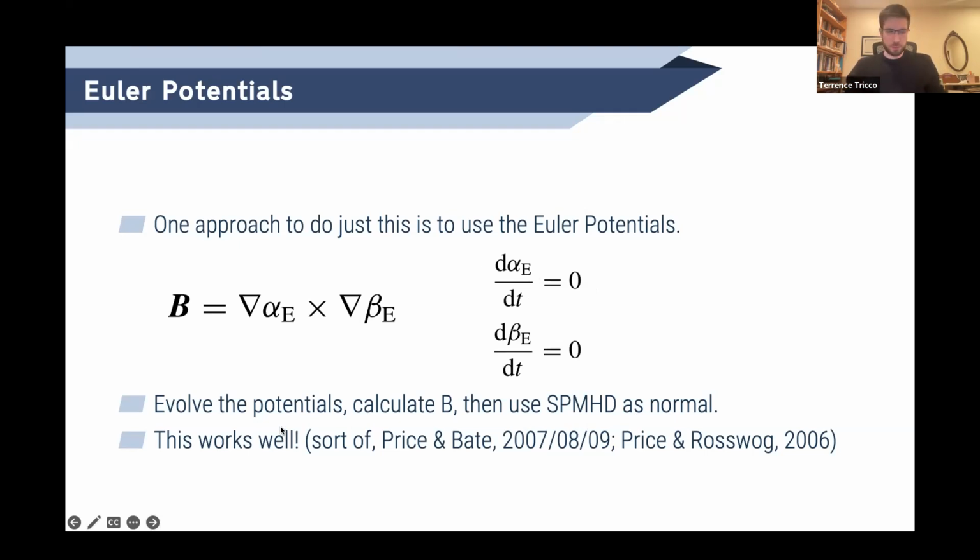This works well. This works extremely well, sort of. And there was a bunch of work done in the late 2000s doing star formation, binary star formation, neutron star mergers.